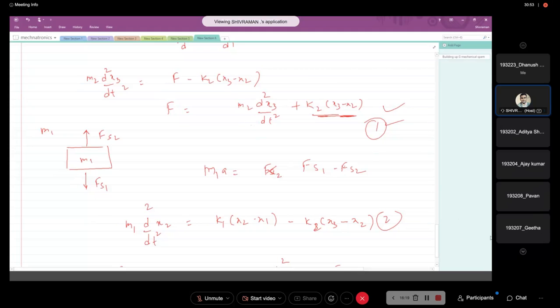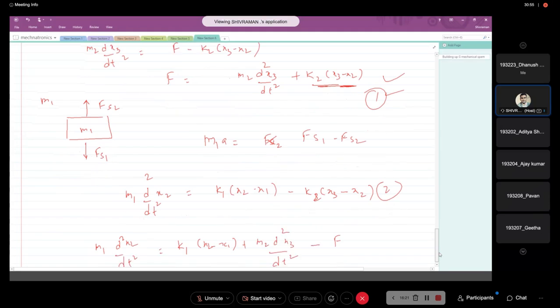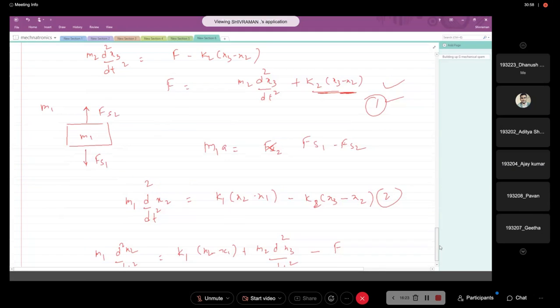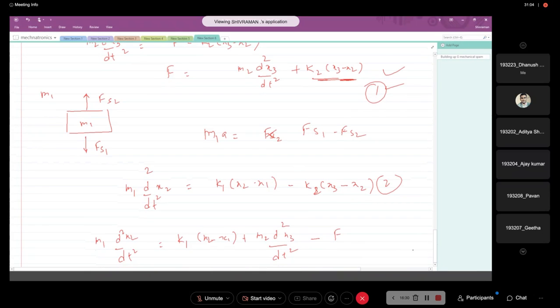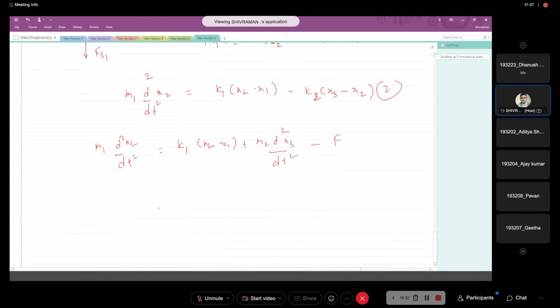The total minus sign you are replacing, so the expression will be M1 d2x2 upon dt square equals K1(X2 minus X1) plus M2 d2x3 upon dt square minus F. So you bring F here: K1(X2 minus X1) plus M2 d2x3 upon dt square.